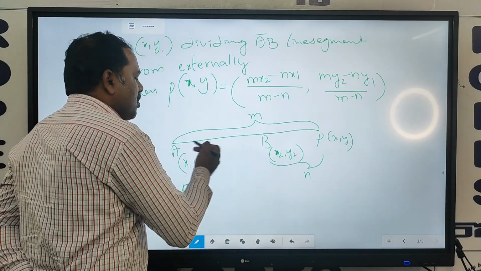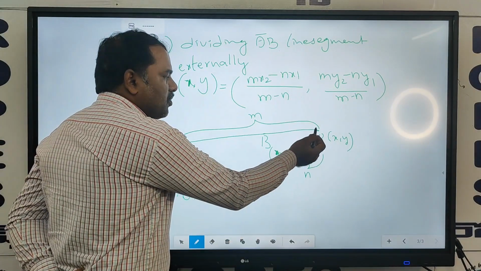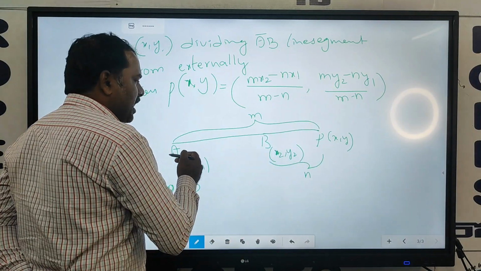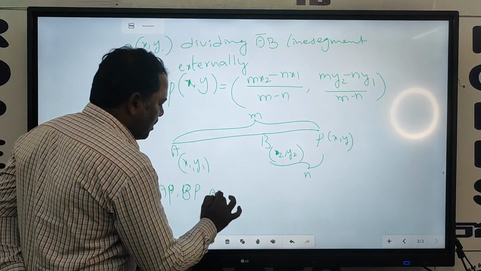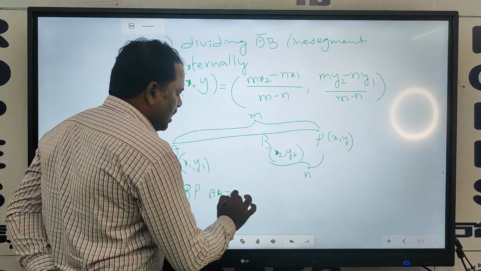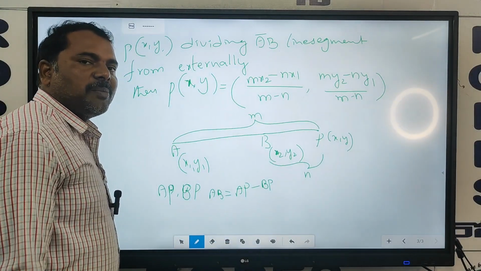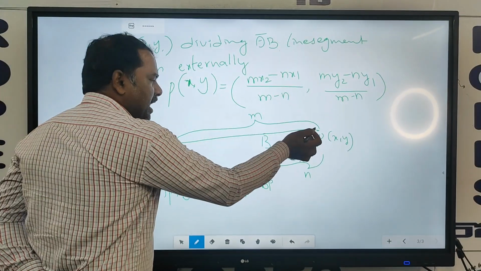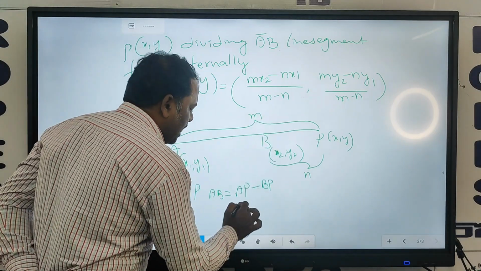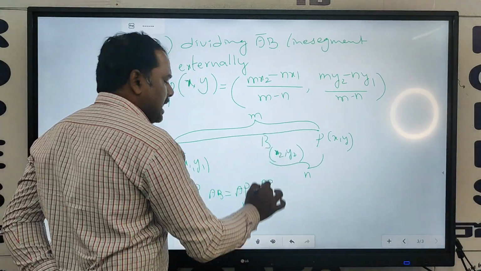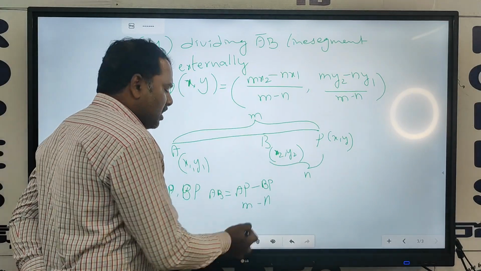Okay, from this I want AB. So to find AB, you have to take AP minus BP. From this, AB is equal to AP minus BP. So from AP, to find AB, we have to subtract. Here AP is M and BP is N. So this is the symbol.